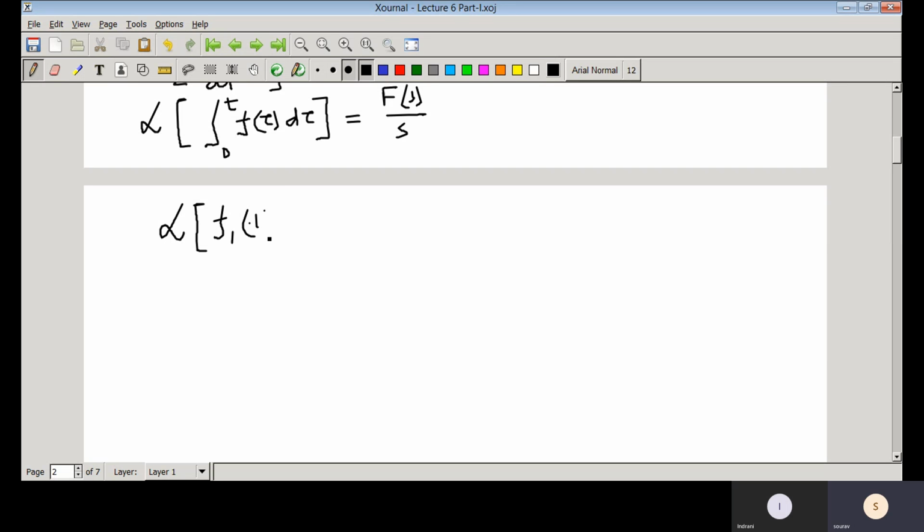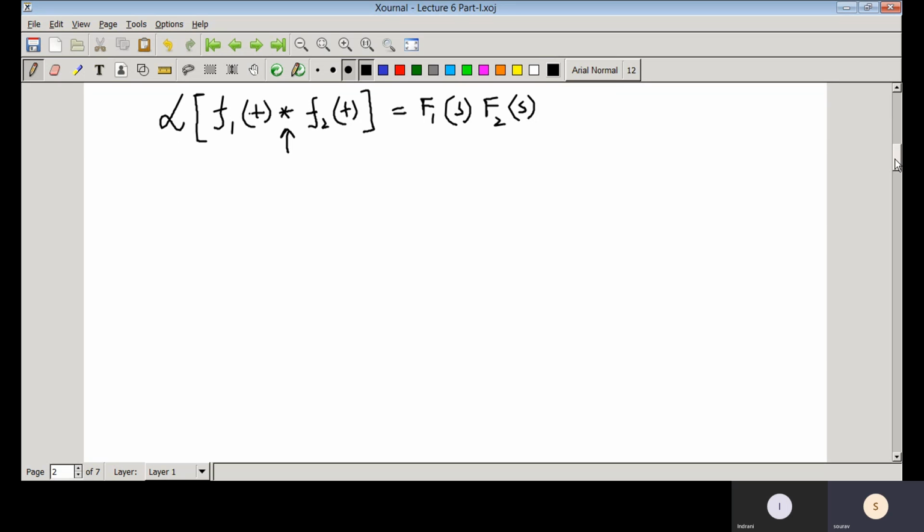Here f1(t) is a function or signal and f2(t) is another signal, and this star is convolution. So that would be F1(s) into F2(s), where F1(s) is the Laplace transform of f1(t) and F2(s) is the Laplace transform of f2(t).